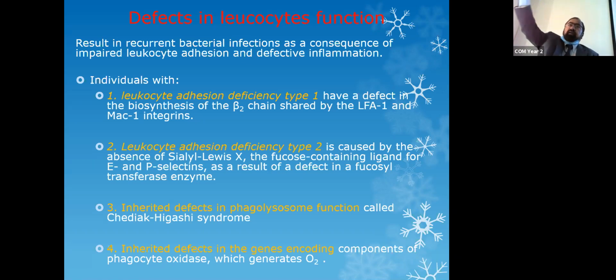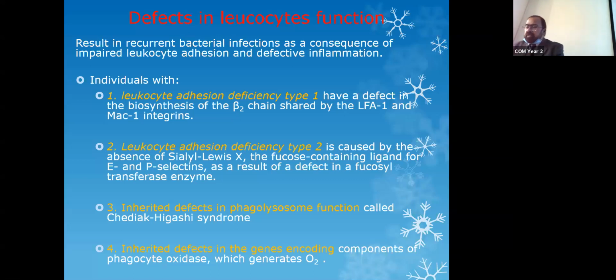One is sialyl Lewis X modified, and the other one is integrins. So if there is some defect in this beta chain, what will happen? The integrin will not be activated, right? So this neutrophil will be without integrin. Although the rolling will be there, tight adhesion of the neutrophil will not be there. So neutrophil may not come out at the site of infection, number one.